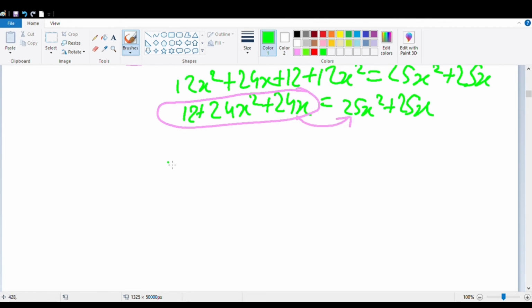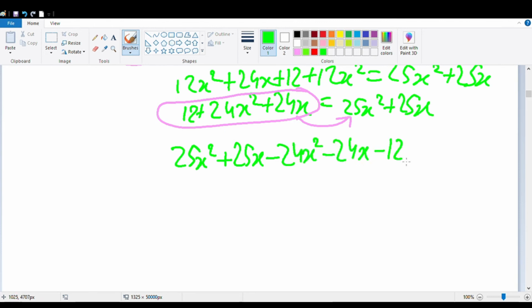So we get 25x squared plus 25x minus 24x squared minus 24x minus 12 is equal to 0. So now simplifying 25x squared and negative 24x squared and 25x and negative 24x, we get x squared plus x minus 12 is equal to 0.